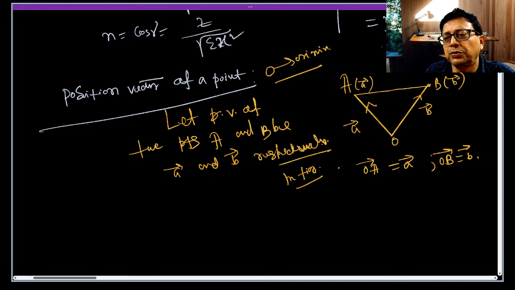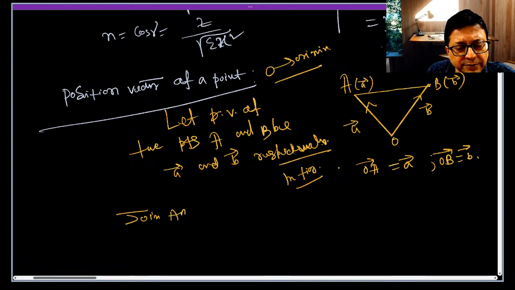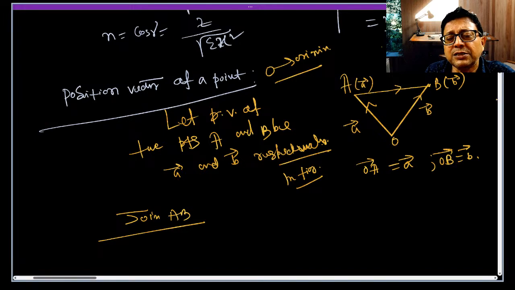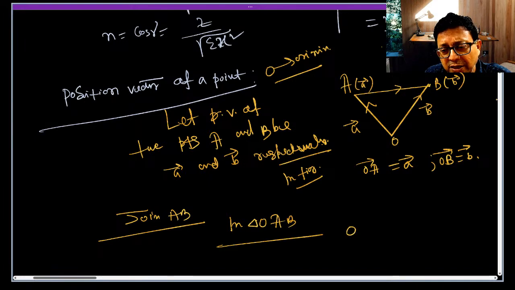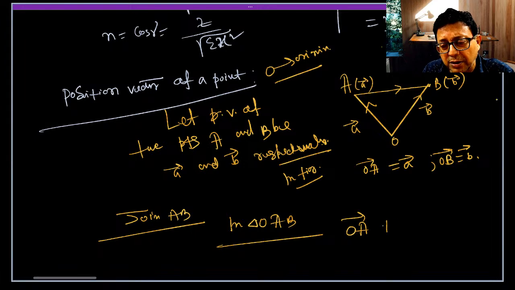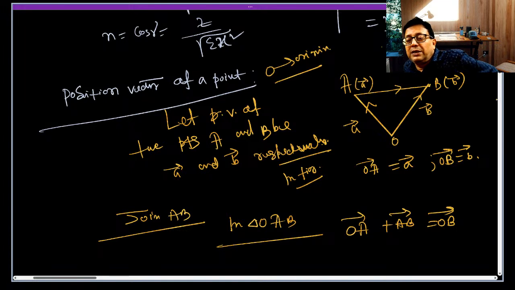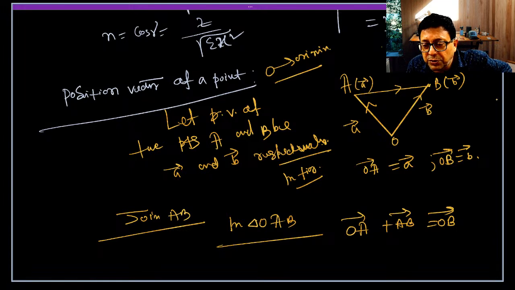Now, we are going to do something more. Join AB. Join A and B, so a triangle is complete. In this completed triangle, you can write OA plus AB equals OB.